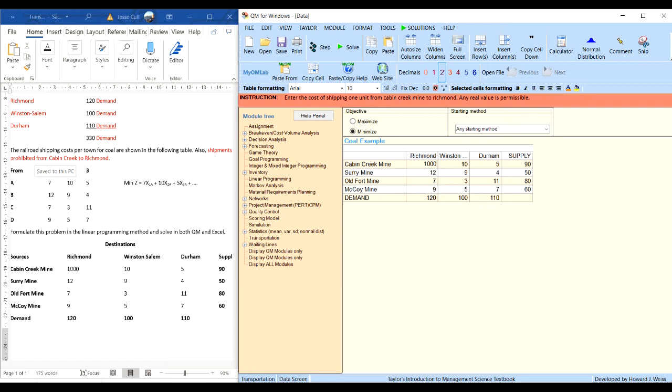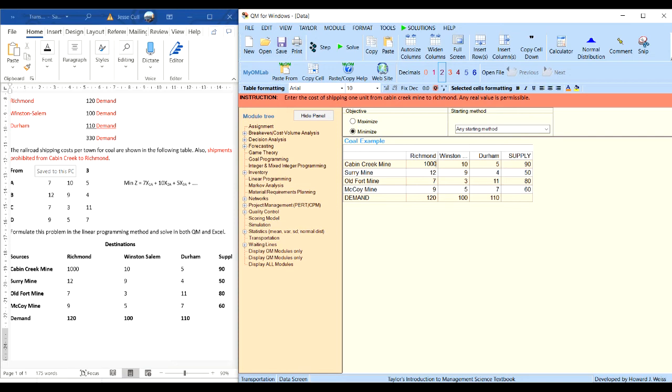Let's look at Surrey. Surrey is also really cheap to Durham. So if they send 90 and 50, that's 140. It looks to me like Durham will receive most of their coal from Cabin Creek and Surrey Mine. We don't know yet. We haven't conducted the analysis. But it looks that way because it's cheap here and cheap here.